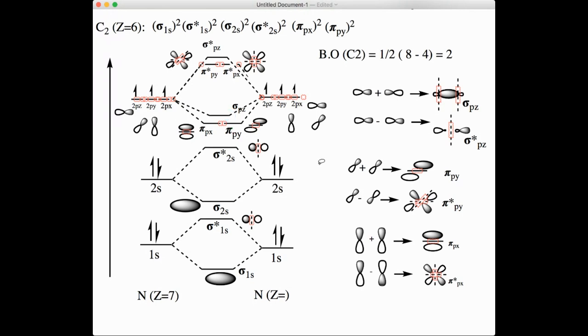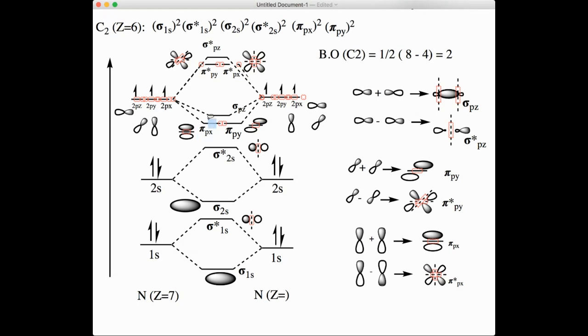Okay. All right, guys. So once again, 3 p orbitals and 3 p orbitals, a total of 6 p orbitals. If I combine 6 p orbitals, I will get 6 molecular orbitals. Now, 3 of them will be bonding and 3 of them will be anti-bonding because 3 of them are resulting from in-phase addition and 3 from out-of-phase addition.